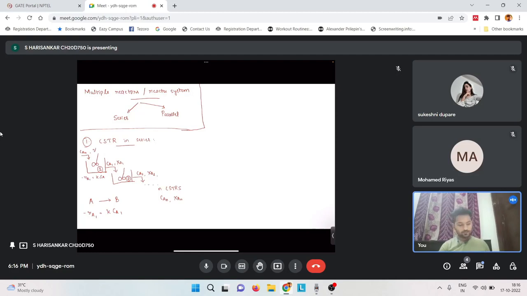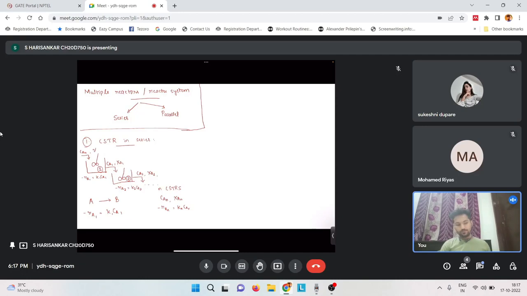In system 2, we'll have minus Ra2, which is K2 CA2. And for our nth CSTR, we'll have minus RAN, which is KN CAN. Our assumption here is that this is a first order reaction for simplicity. You can derive this equation by the same procedure for higher order systems as well, for second order, third order, and so on. But for the sake of simplicity, we'll take it as first order with minus RA equal to KCA as our reaction rate.